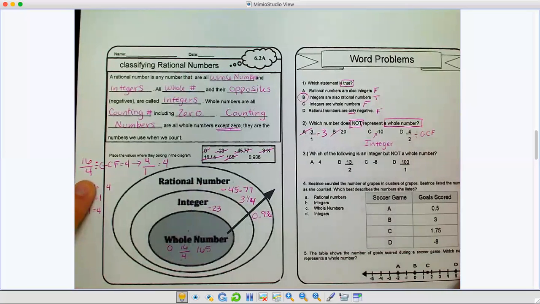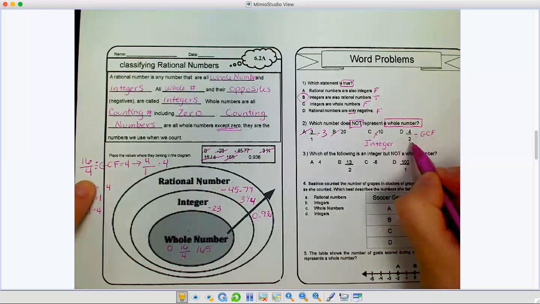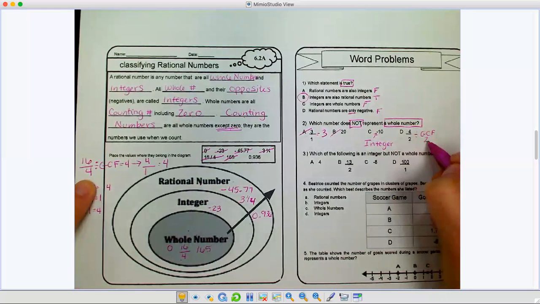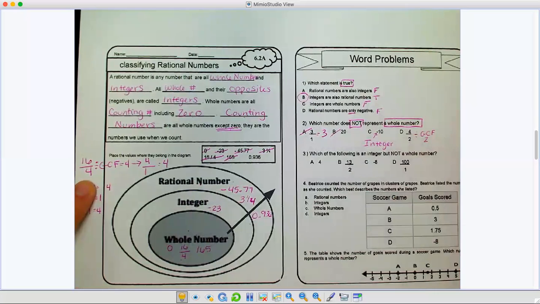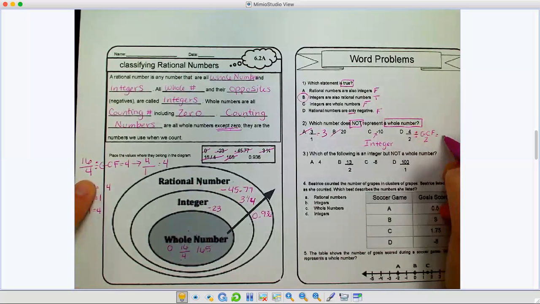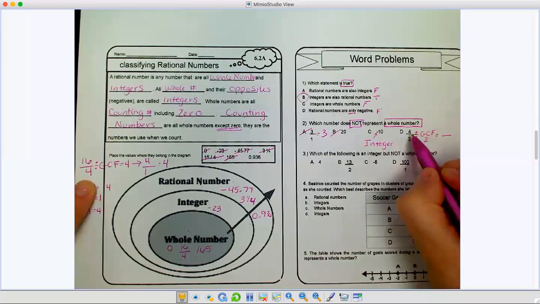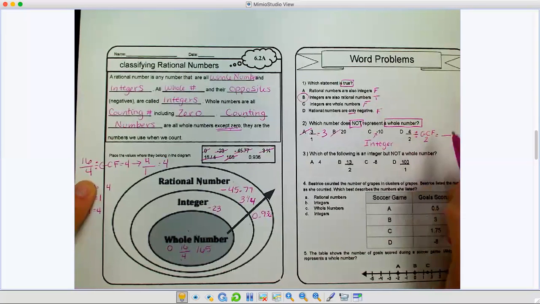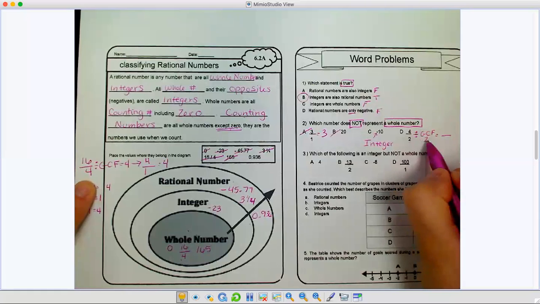Well, the greatest common factor between 2 and 4 is the number 2. They both evenly divide by the number 2. So this means I'm going to start a new fraction, and I'm going to divide both numbers by 2. So 4 divided by 2 is 2.